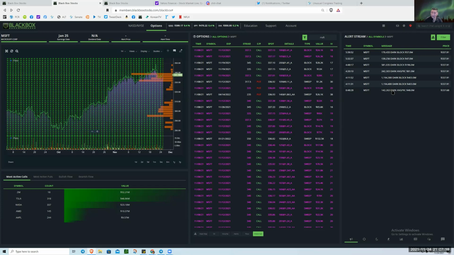It gives me the dark pool sales of the stocks that are in between institutions, okay? And it gives me the pricing and the time. That's all it gives me.